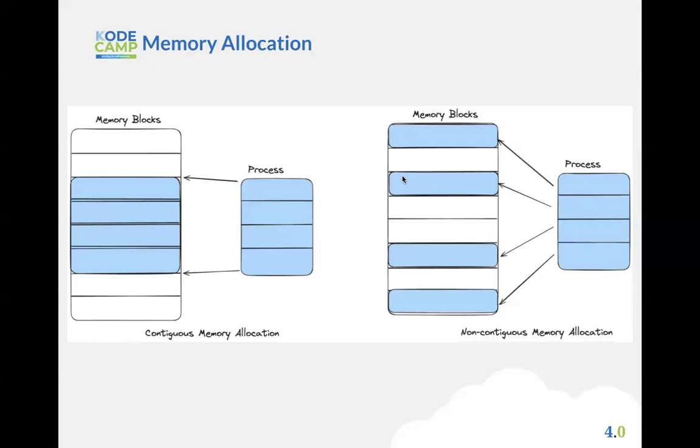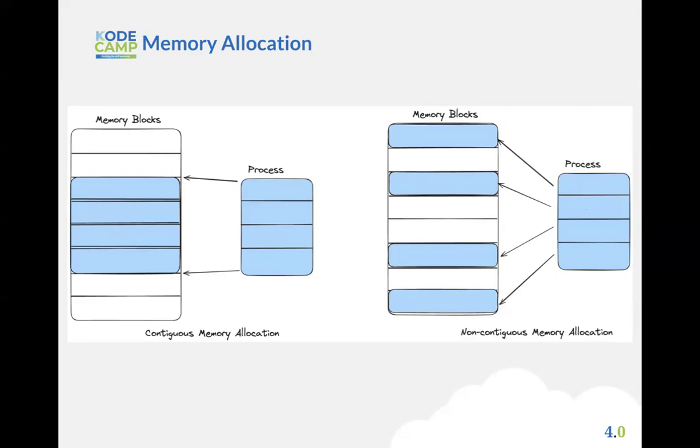Someone has answered, and I've used ChatGPT to understand what a process is. Okay, that's fine. A process is a computer program that is currently running. Okay, so it's clearer now. Thank you.